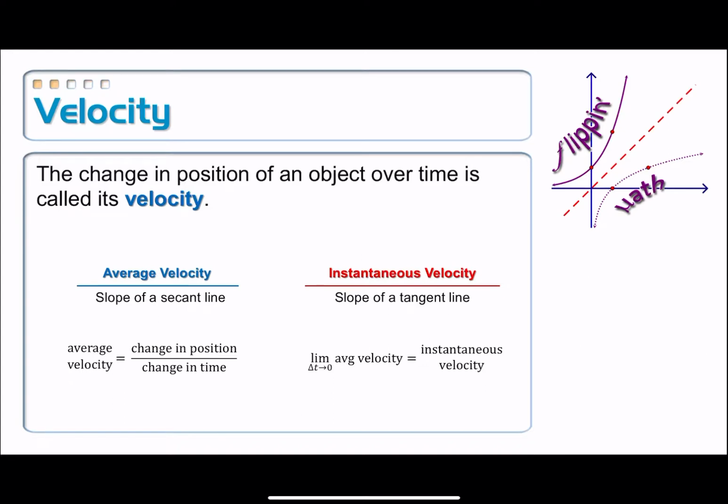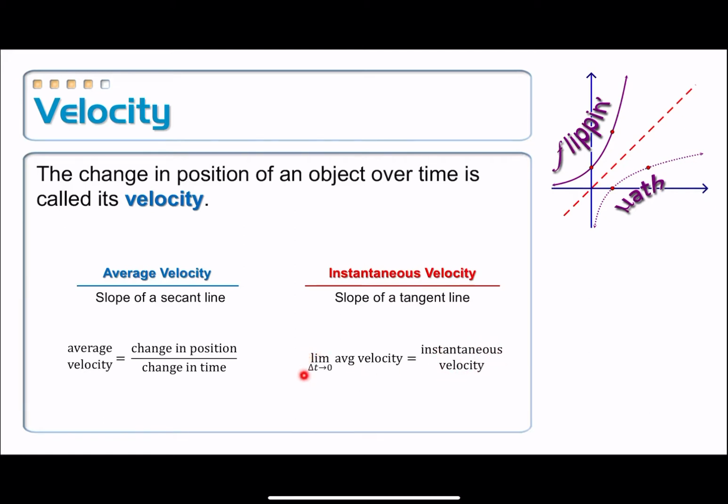However, there are also going to be questions that ask us for the instantaneous velocity, which, as you see here, uses that limit notation again. It says the limit as delta t, this change in time right here, approaches 0. So essentially, we want this time change to shrink down until it gets closer and closer to 0, so we can arrive at the instantaneous velocity.